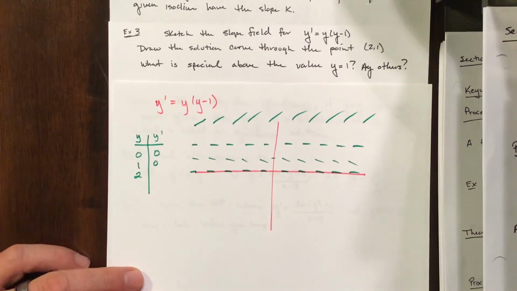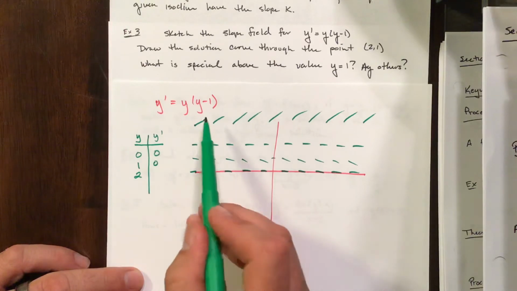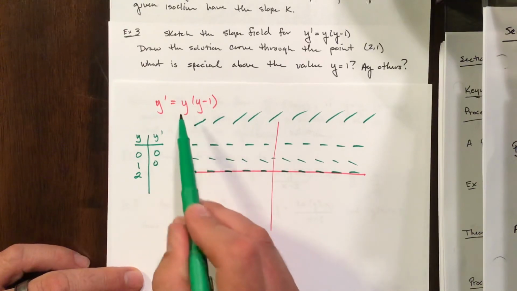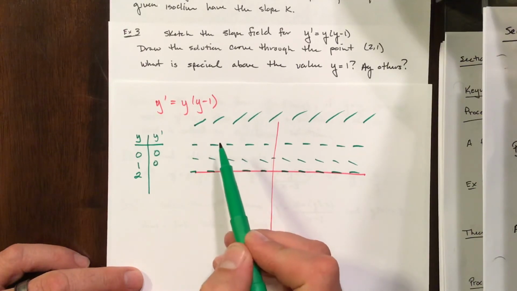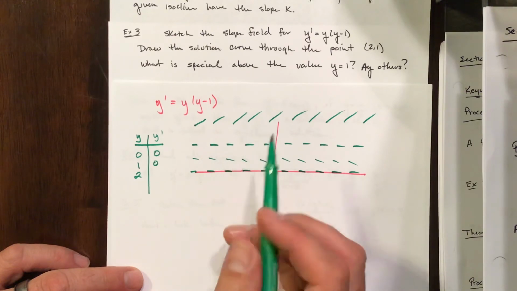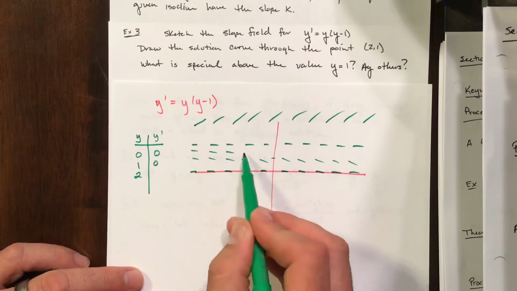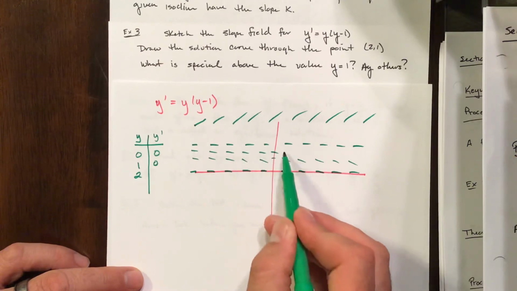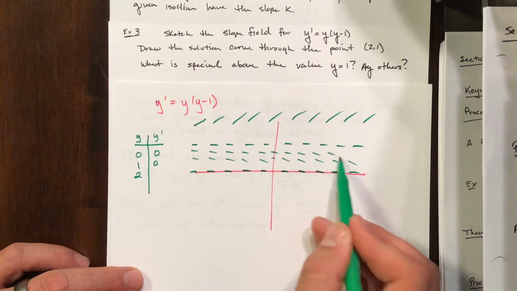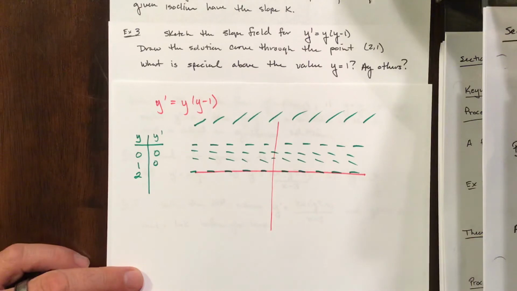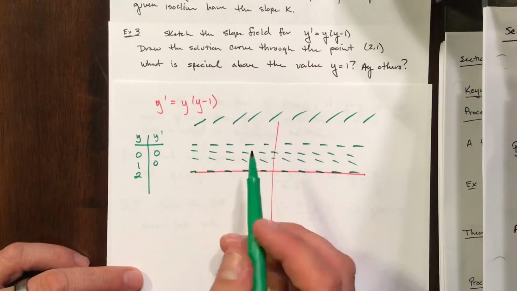If I had picked 3/4, this would be negative 1/4, this would be 3/4. I would still have a negative slope. Okay, it would actually be a little flatter. It'd be just slightly negative. Okay, and if I had picked 1/4, I would have a negative slope.